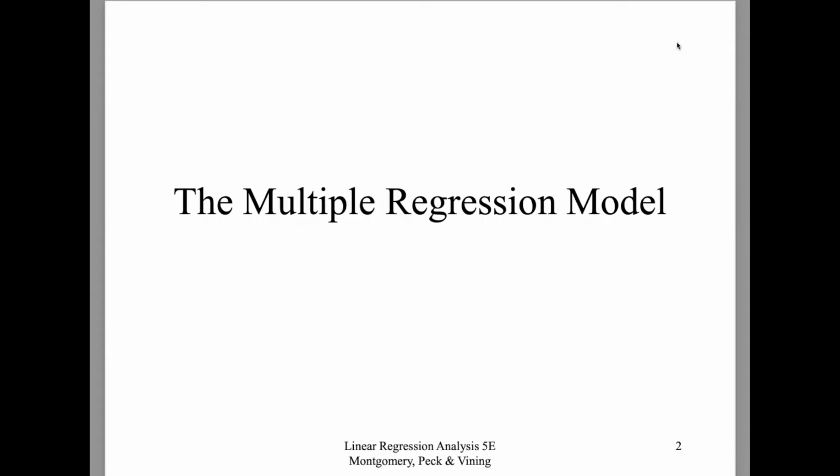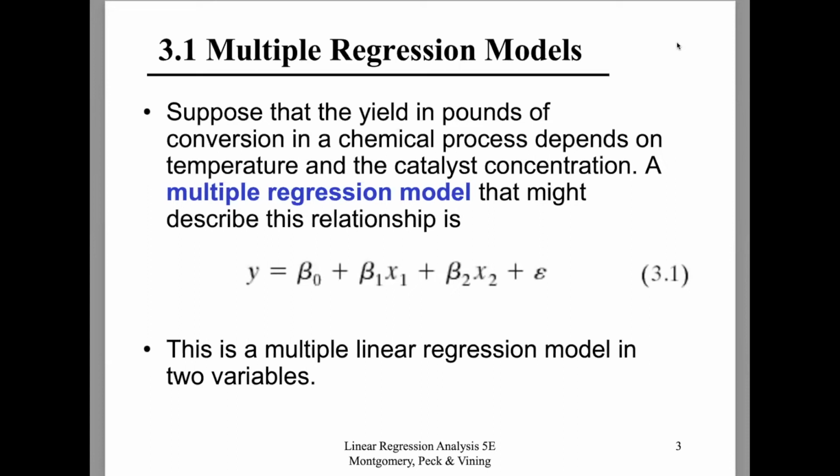And so let's look at an example of this. Suppose that the yield in pounds of conversion in a chemical process depends on temperature and the concentration of a catalyst. A multiple regression model that might describe this relationship is given in equation 3.1. On the left-hand side, we have our single response variable y, that's the yield in pounds of a conversion.